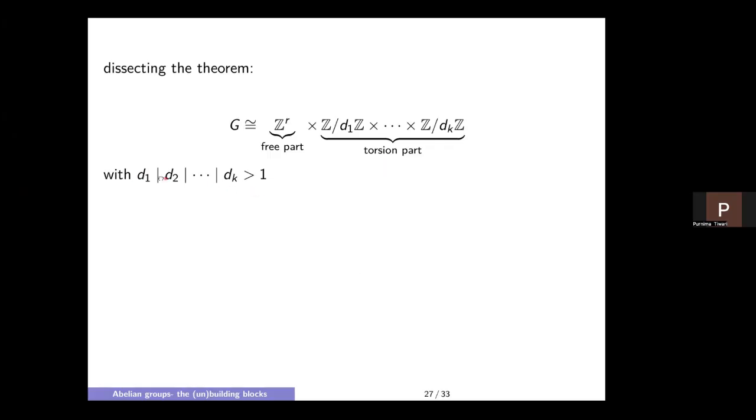With this, d greater than 1, we can also write it as d k minus 1 divides d k, as I had mentioned in the theorem. Moving ahead.